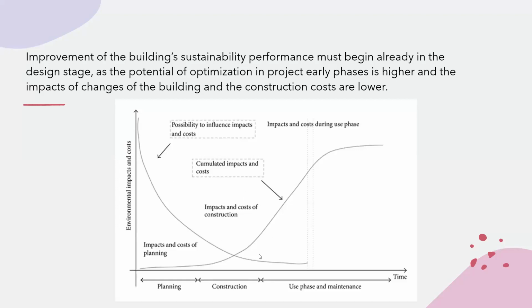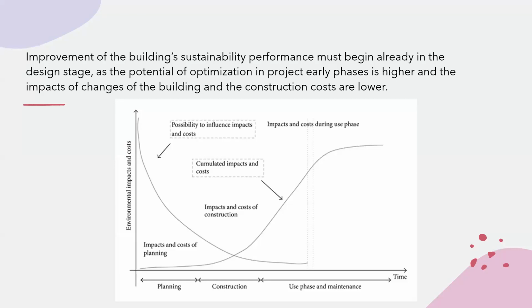But when it comes to the construction stage, the possibility to influence the impacts and the costs becomes lower, and it further lowers when it comes to the maintenance stage. On the other hand, the impact on cost is lower in the planning stage, but becomes higher in the construction and maintenance stages.